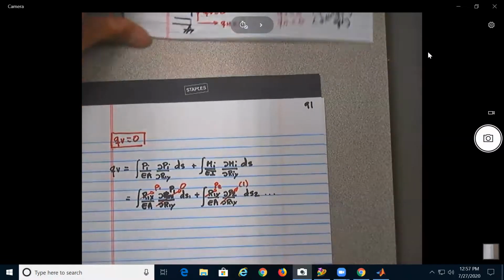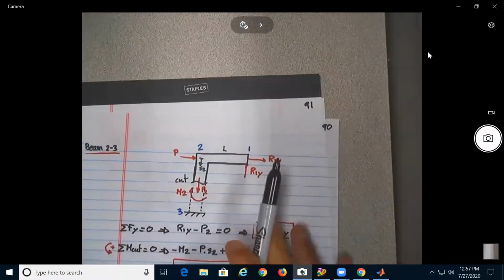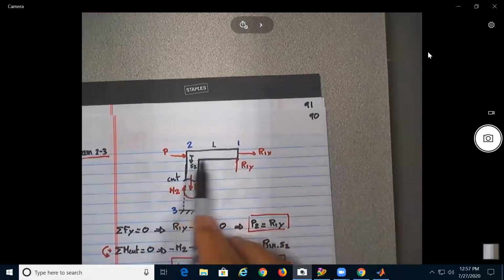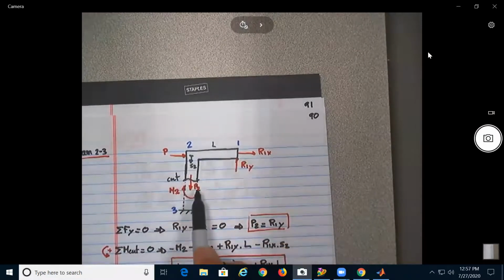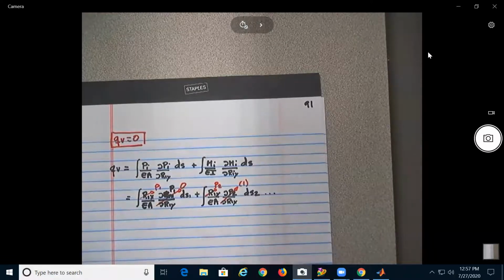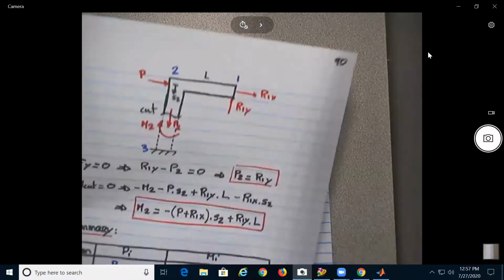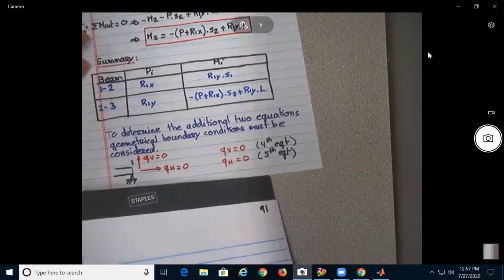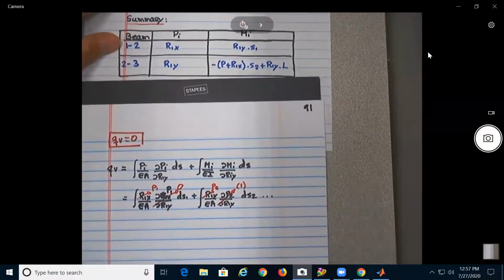So in here, we took care of the deformation due to P1 in member 1, 2 plus member 2, 3, no? So one is S1, one is S2. Now we need to look at the bending. So we do exactly the same thing. You need to look at this table. That's why I did it. That might help.